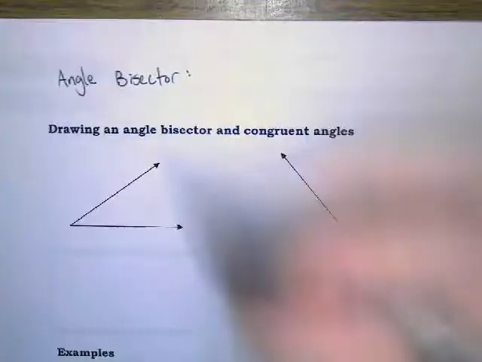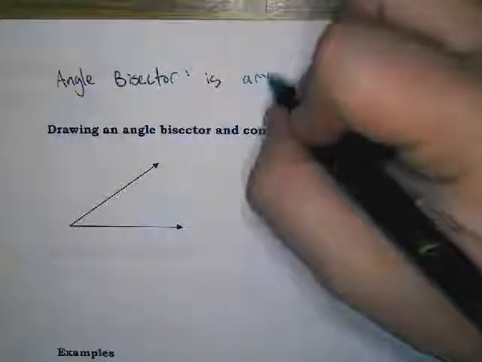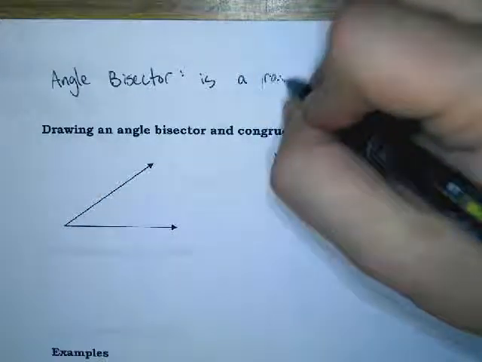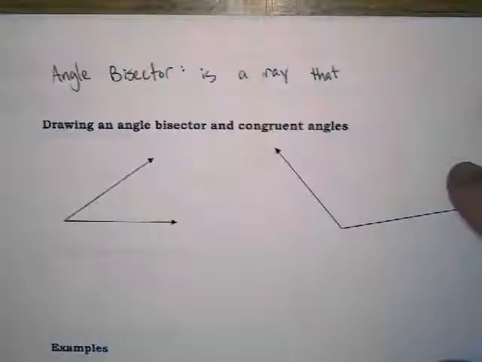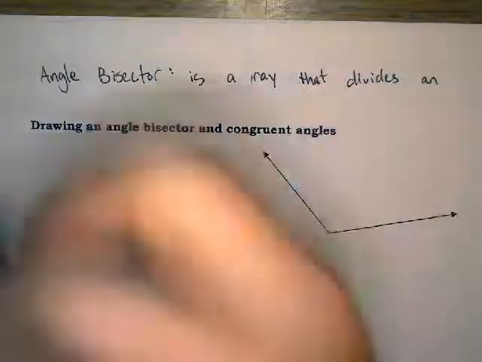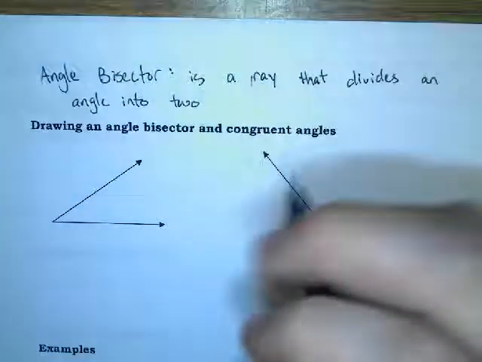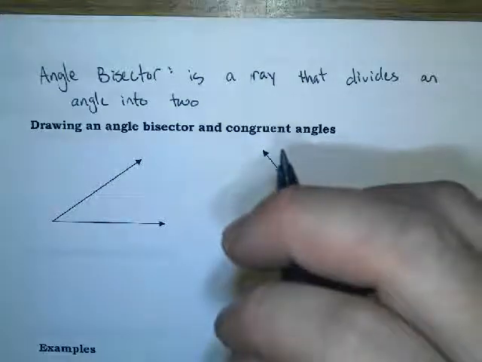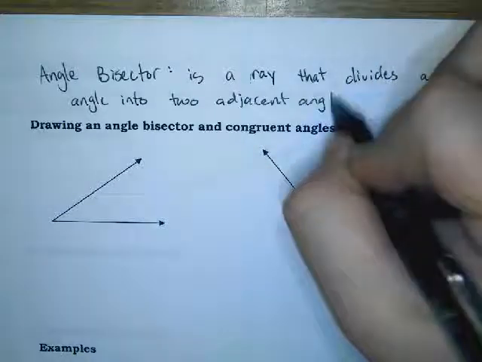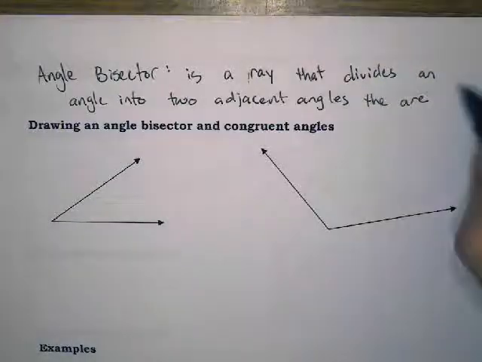An angle bisector is a ray that divides an angle into two adjacent angles, meaning they're sharing that side, that are congruent.